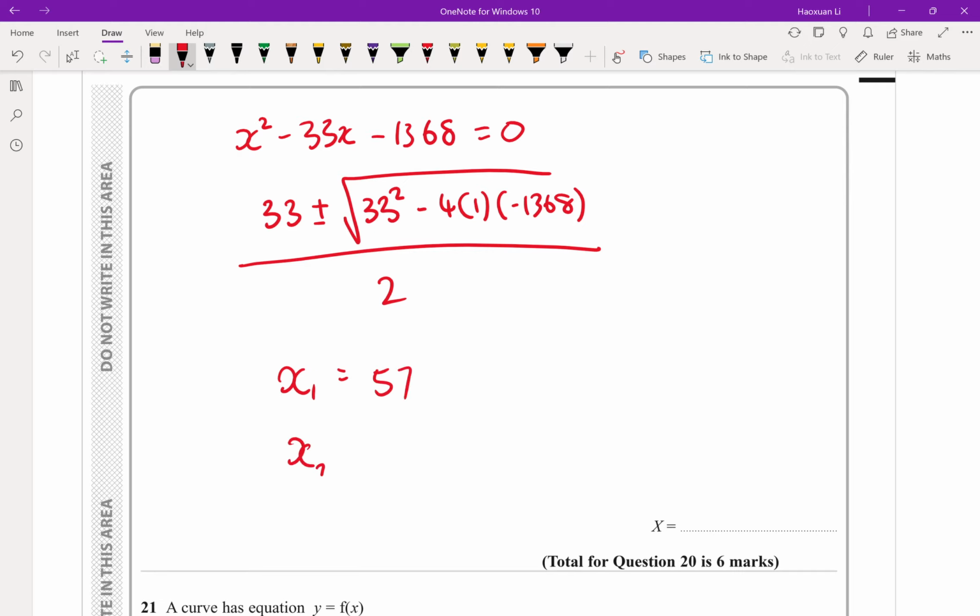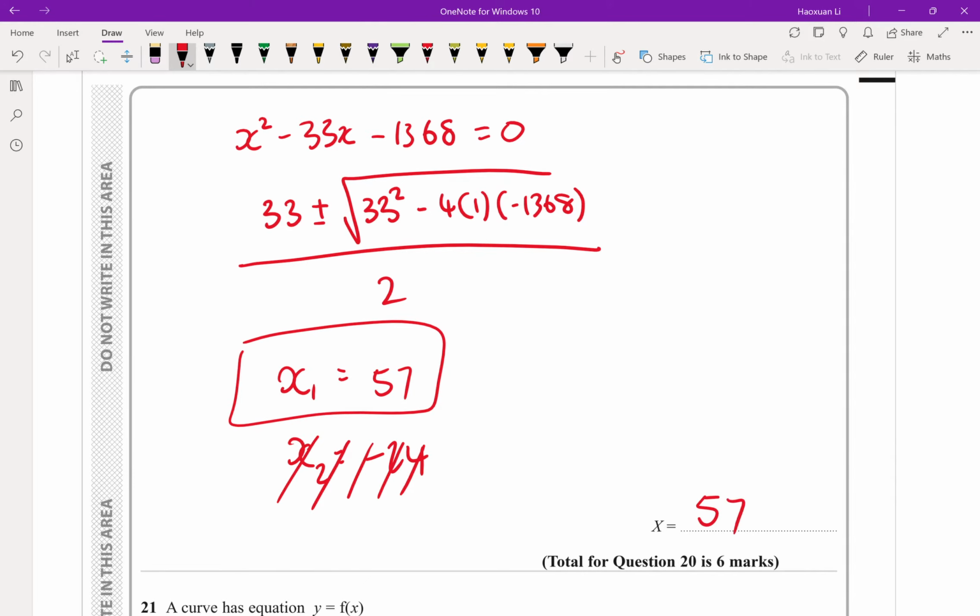The other solution will be negative 24. But since sequences don't have negative terms, you can't consider this, so the answer is 57.